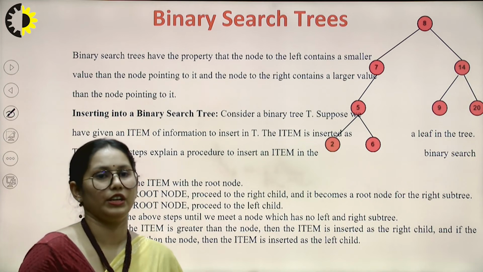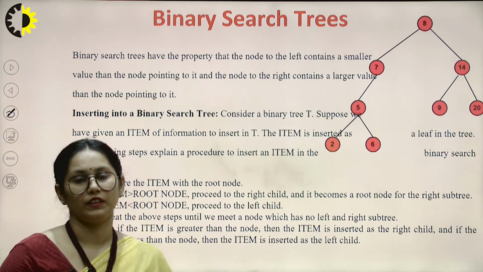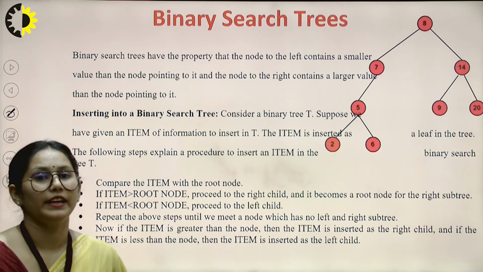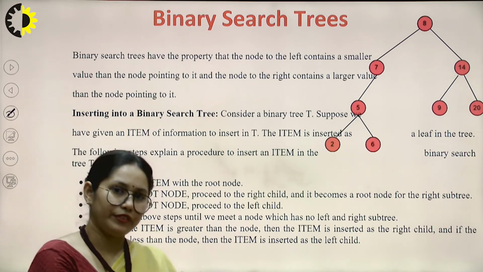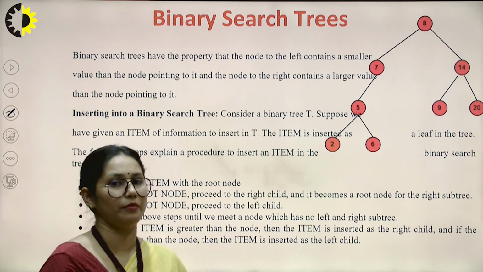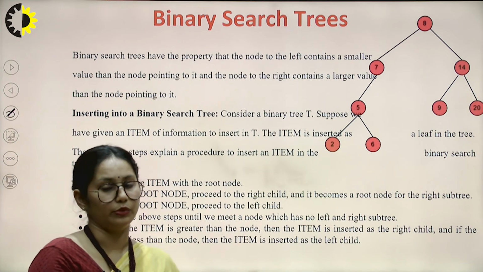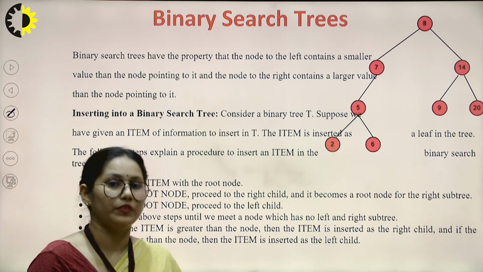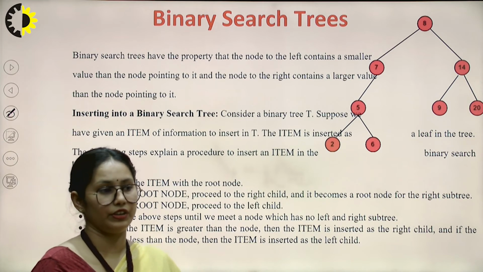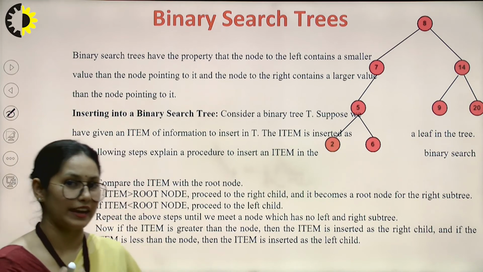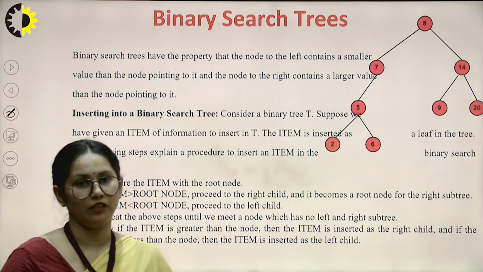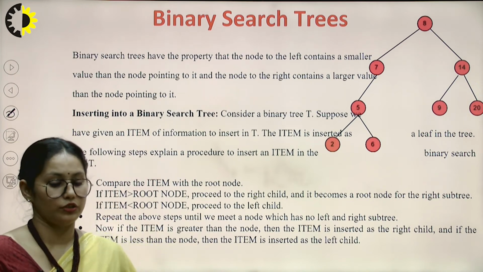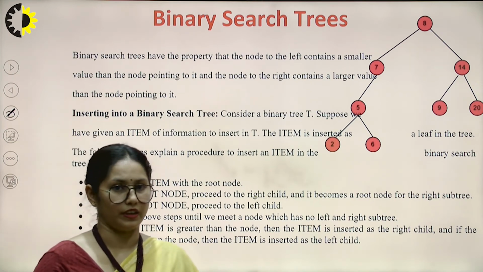A binary search tree has the property that every left side area, or left subtree, will have values smaller than the root node, and every right side area, that is the right subtree, will have values greater than the root node. So we are comparing the values here in a binary search tree.